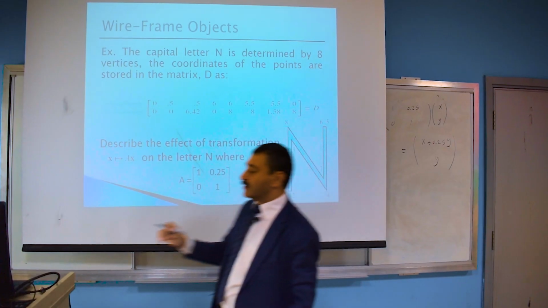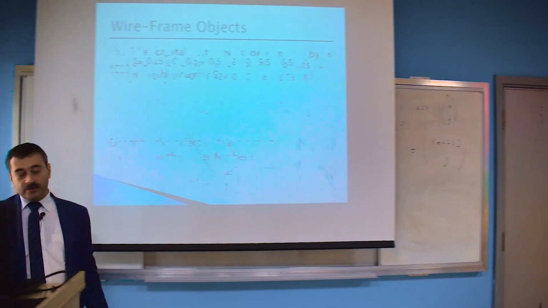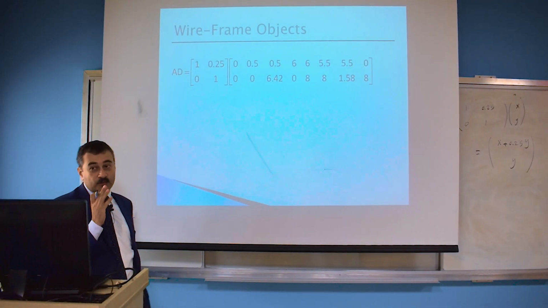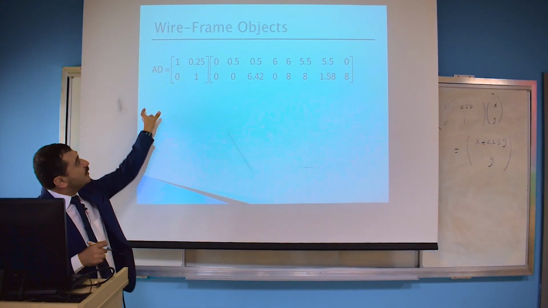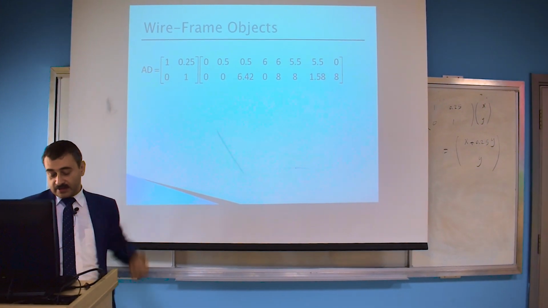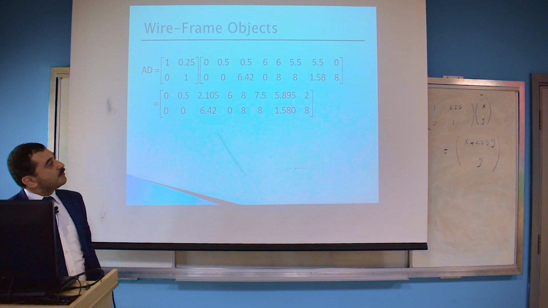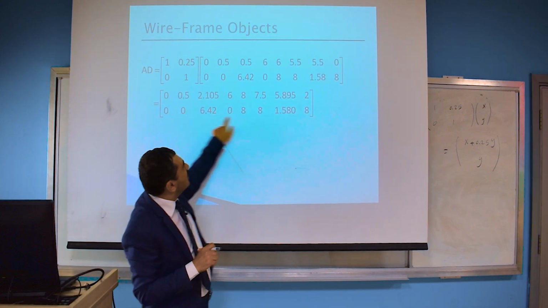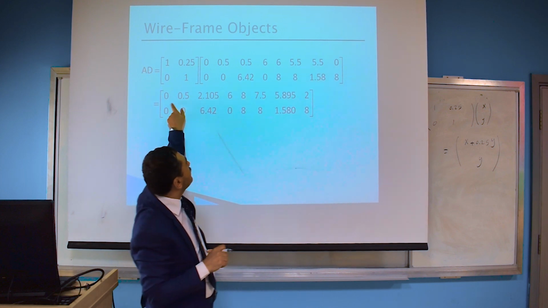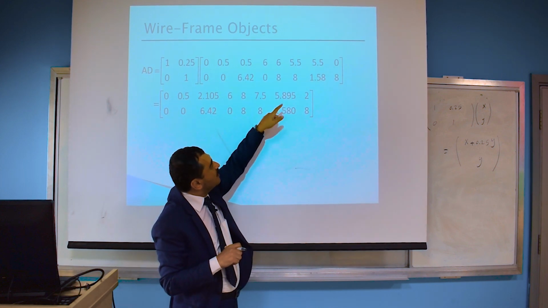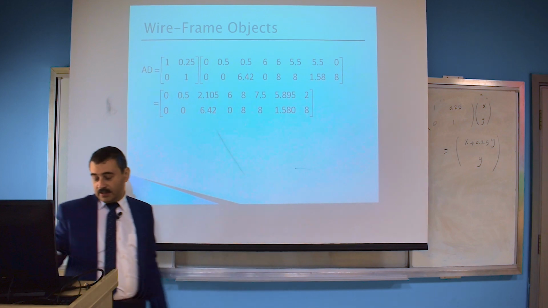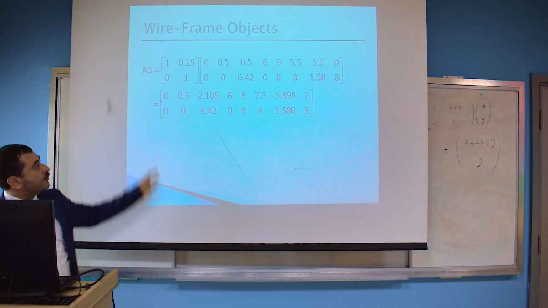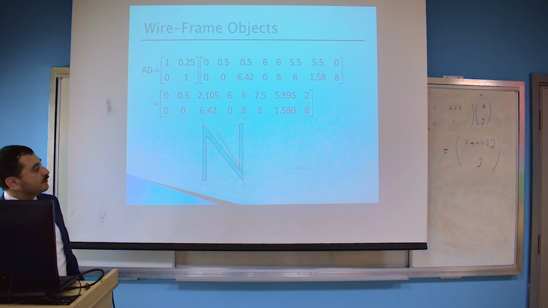Okay, let's see if you multiply this by the whole set of vertices. So we can multiply it at once. Multiply the matrix A by the matrix containing the vertices, and you get something like this. As you note here, the y is as it is, but x increased by taking a portion of your y. If you try to graph the new vertices, let's look at the output.